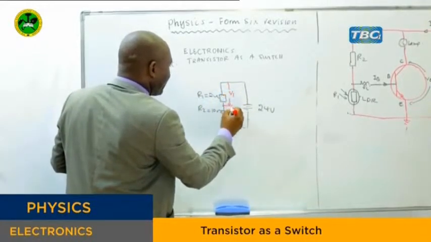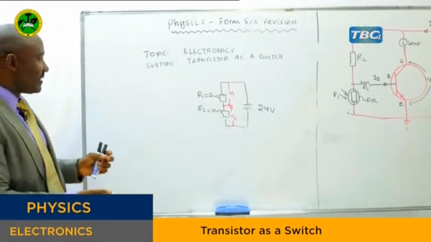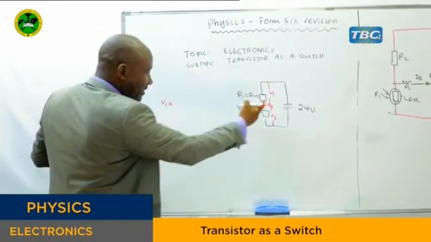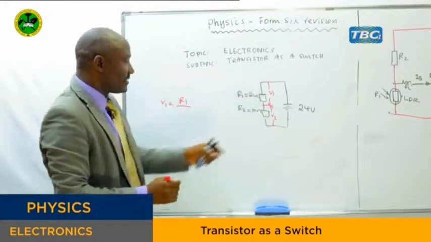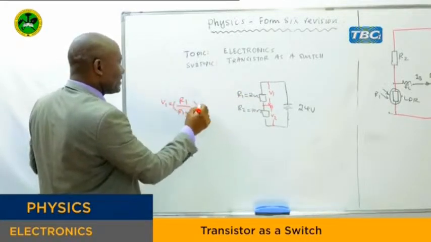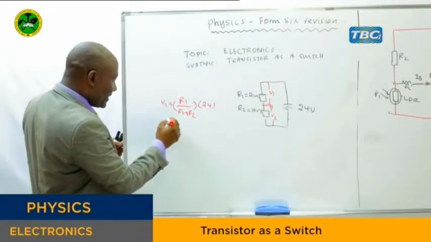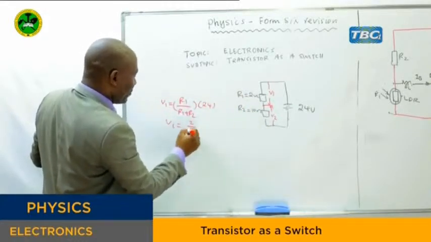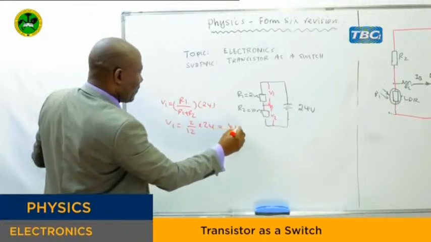Let's take this V1 and this V2. From the concept of the potential divider, V1, the voltage across R1, equals R1 over the total resistance, R1 plus R2, times the total supply voltage, which is 24. So this is 2 over 12 times 24, which is 4 volts.